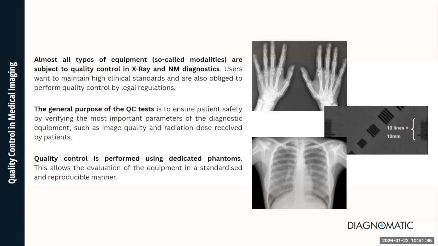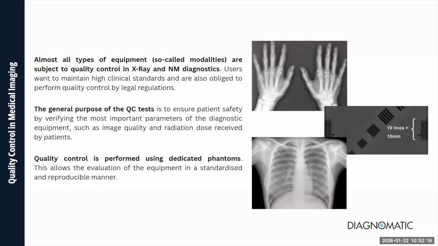So the general purpose of QA tests is to ensure patient safety. Patient safety means not overexposing the patients, but at the lowest dose receiving a medically valuable image that will be valuable for medical doctors. So to verify the most important parameters of diagnostic equipment, such as image quality and the radiation dose received by the patients.